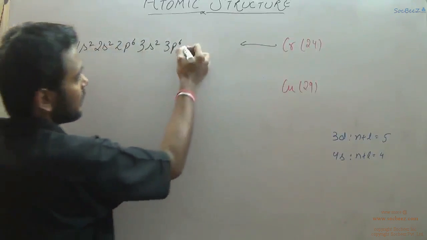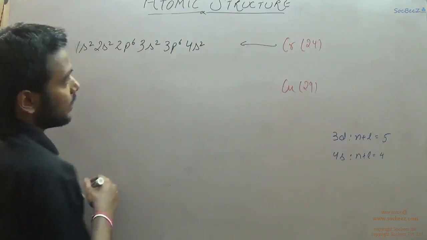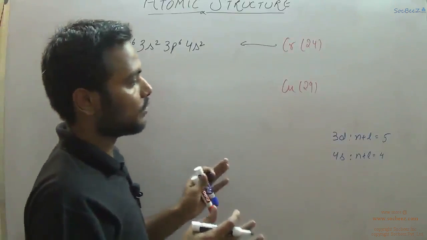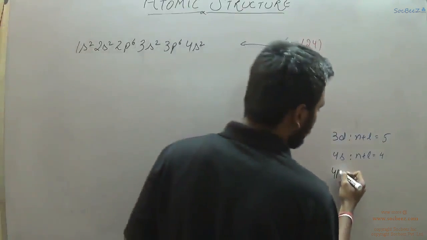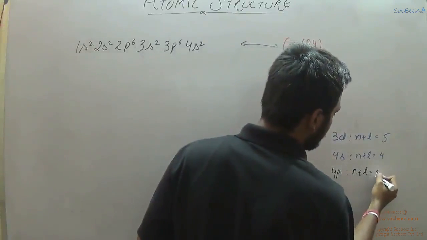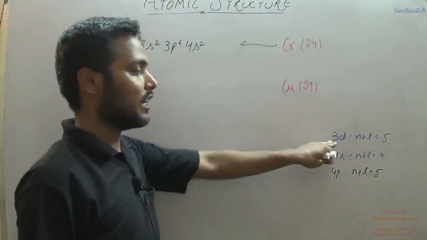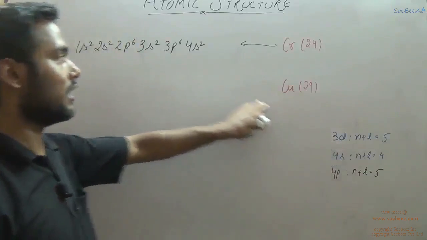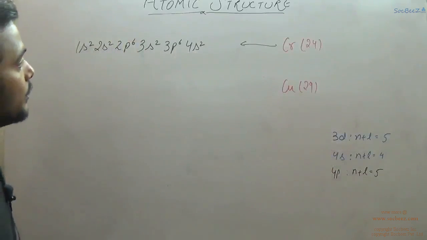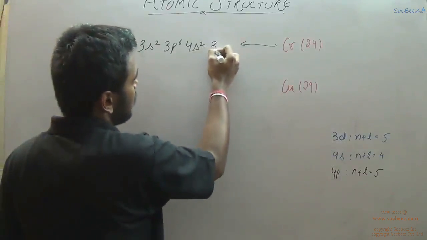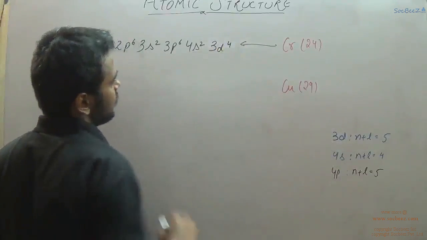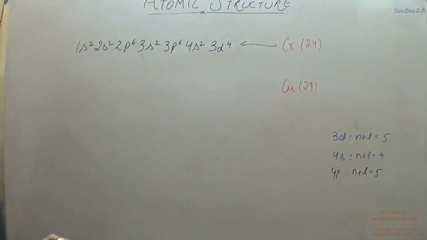Now the next electron will go to 4s. Then the next electron will go to 3d, because 4p has n plus l equals 5, and 3d has a lower value of n. So 4 electrons are left, and the next 4 electrons should go to 3d.